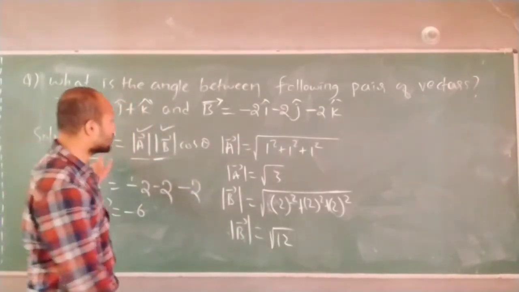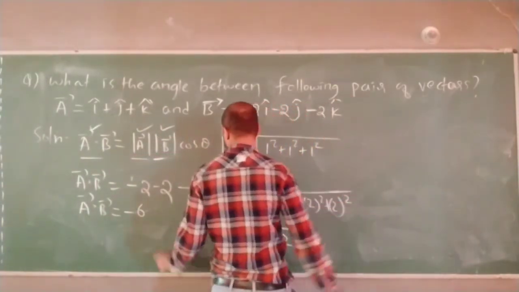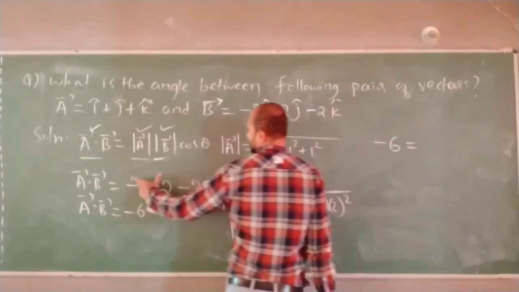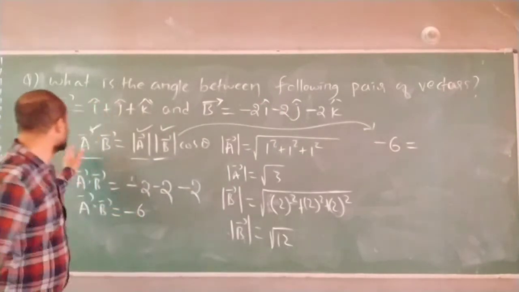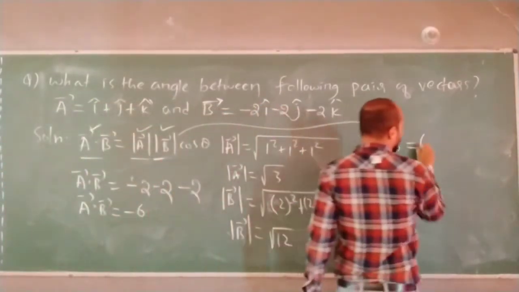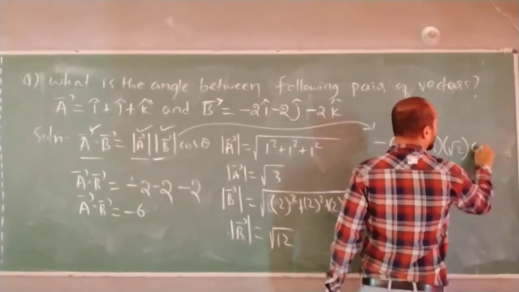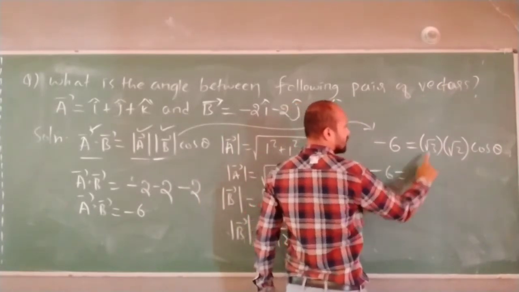You know these values. Now from this equation, a dot b is how much? Minus 6. A dot b is minus 6 equal to root 3 into root 12 into cos theta. Root 3 into root 12 is how much?